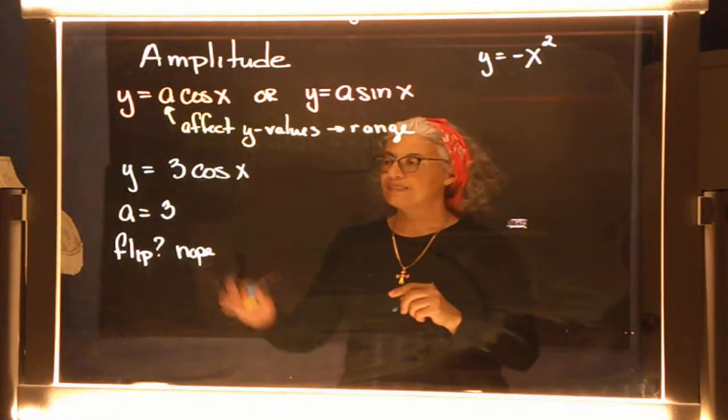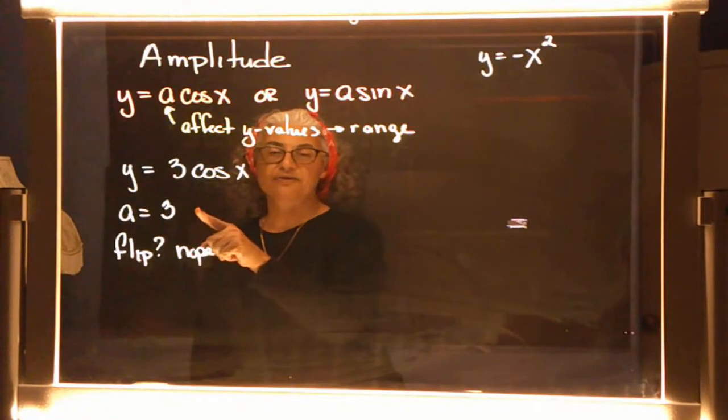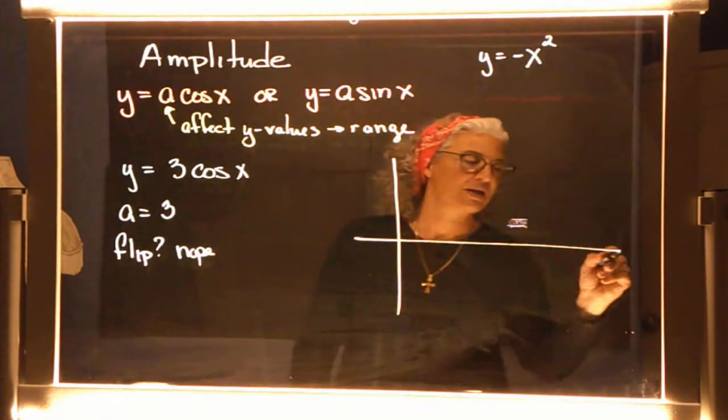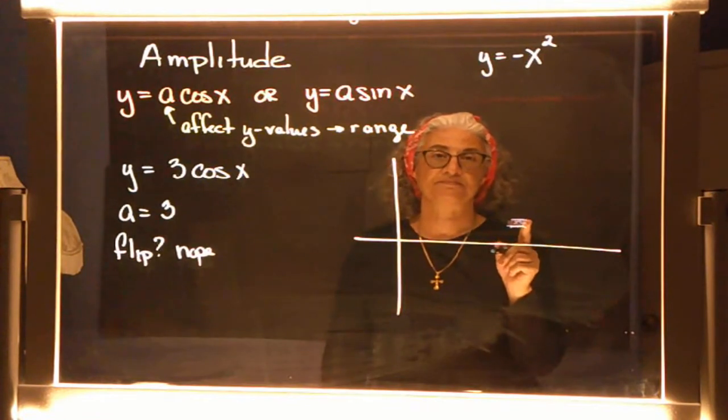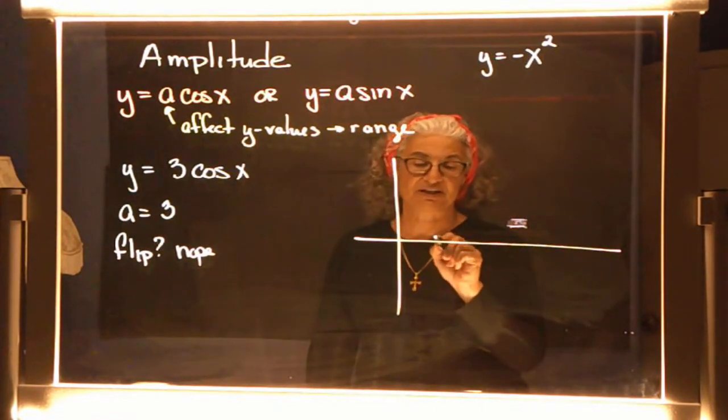Okay, let's graph this, and you'll see one of the other items you should look at when you identify your amplitude. Now remember, your x's are not being affected. I'm still going to have 4 intervals.